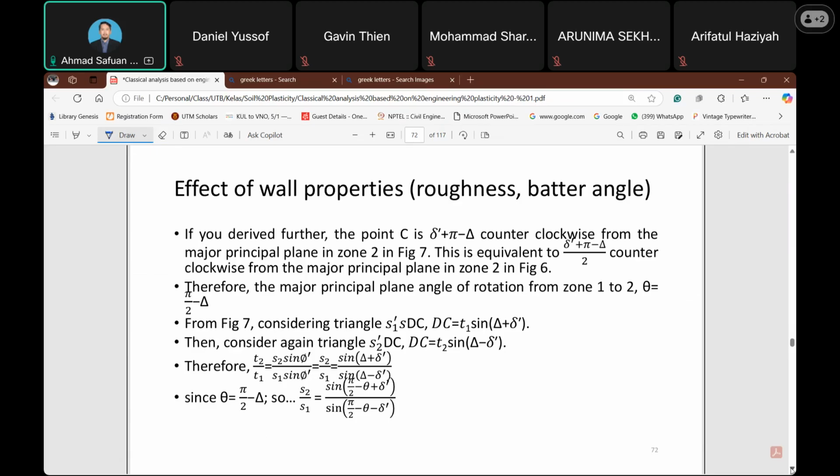So then we get the ratio T2 over T1, which becomes S2 sine theta over S1 sine theta. The theta used here we can change into delta plus delta.